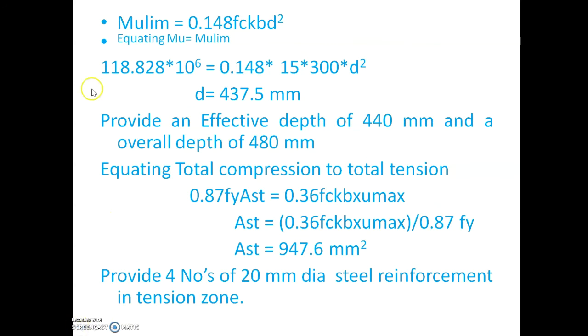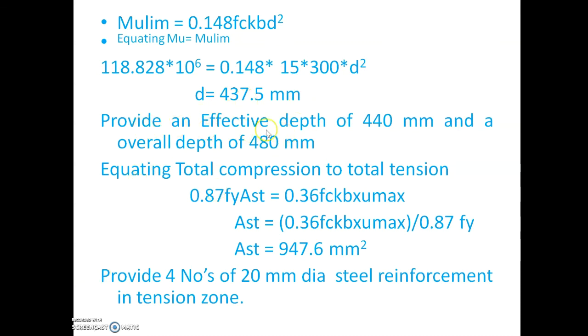So calculate the Mu limiting value, that is Mu limiting is equal to 0.148 fck b d square. Substituting Mu limiting and all the values except the d value, we will get d is equal to 437.5 mm.